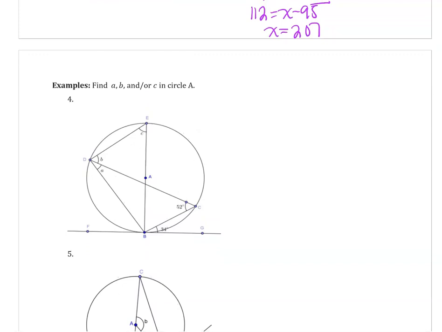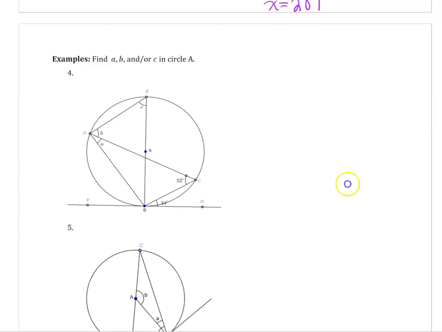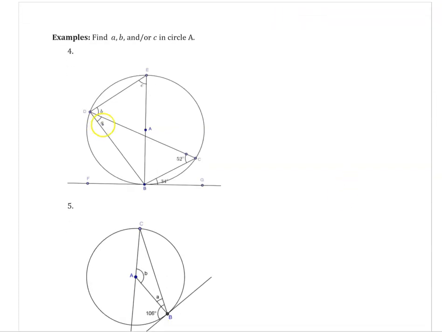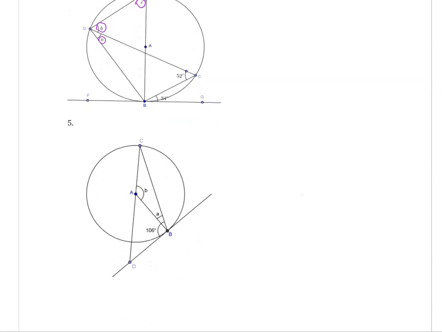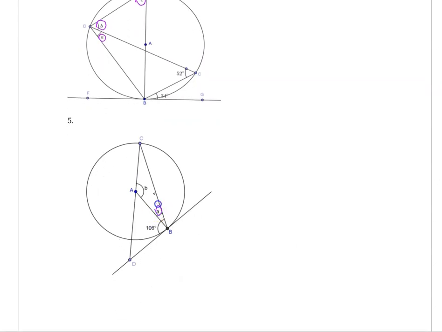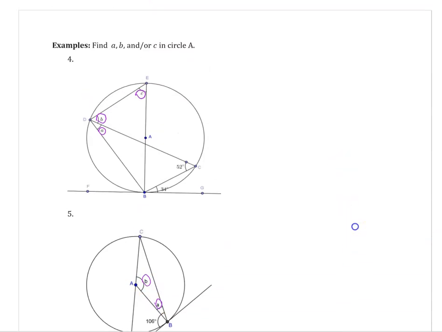Now, these last couple examples are just going to tie together some theorems that we discussed over the course of this unit. And I'm going to want you to solve for measures such as A, B, and C. And in example 5, same idea, A and B. Okay?